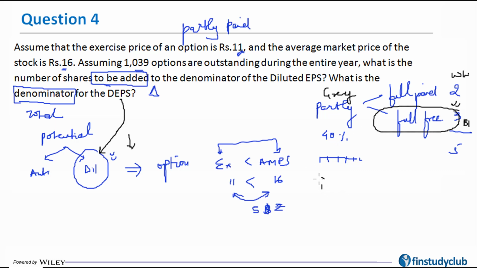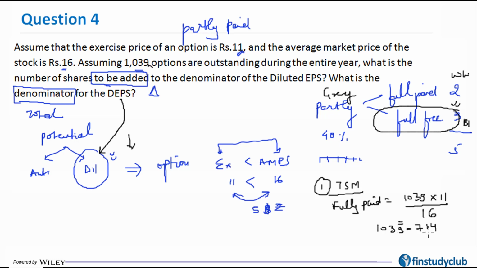So there were 2 ways to look at it. One was the treasury stock method, wherein we used to calculate the fully paid up shares, assuming that all the option holders exercise this option, so I'm going to get this much money from them, and using this money, if I start buying my own shares, I'm going to get a number equal to 714. But legally I have issued them 1039. That means I have issued 325 shares fully free.